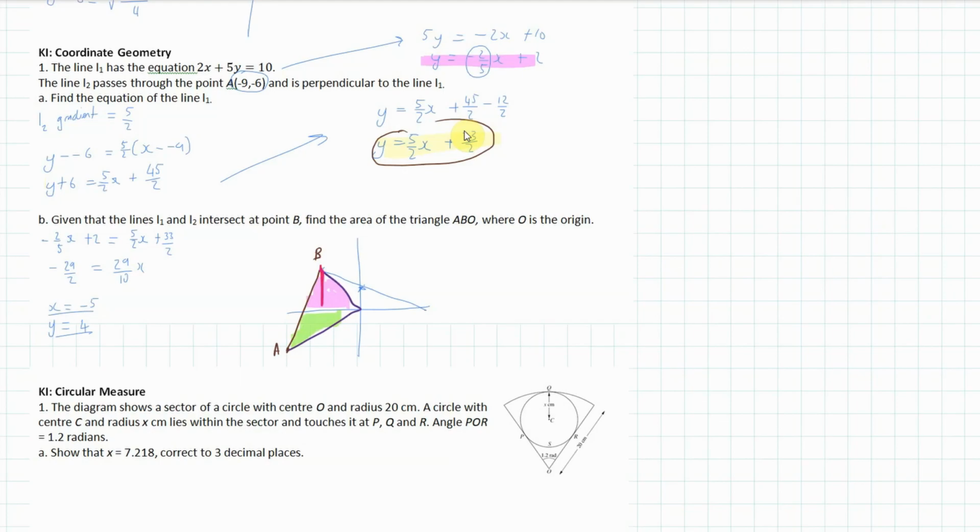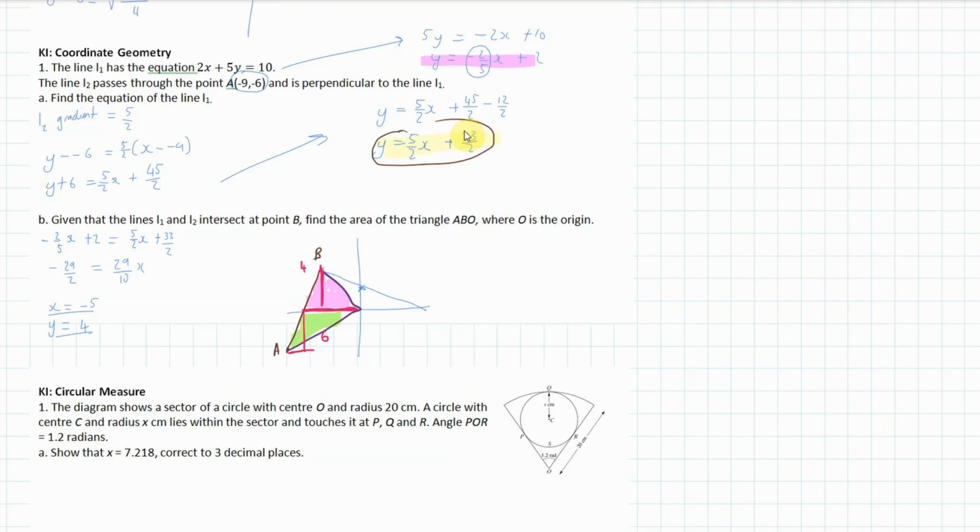At B. So this is 4. Now for this one, the height to here is, where's A? -6, so it's 6. And then we just need to find this base here for both triangles.